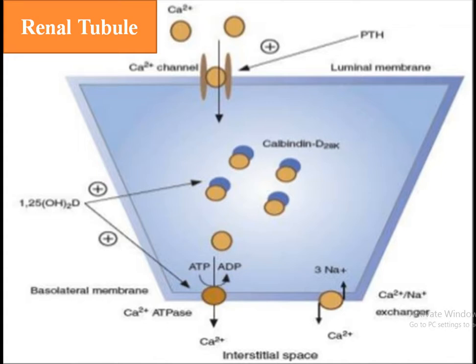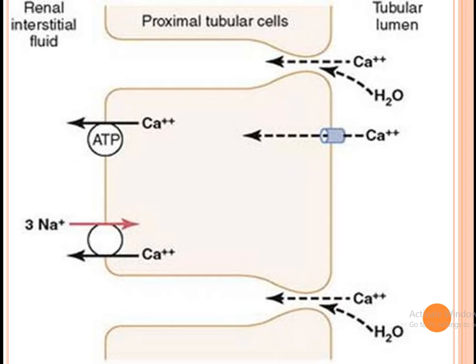On the luminal surface, under the effect of the parathyroid hormone, calcium channels open more and more, and simply through diffusion, calcium comes inside the luminal cell. On the opposite surface, calcium ATPase and the sodium-calcium co-transporter move it into the interstitial space. A very simple diagram, as you can see here.